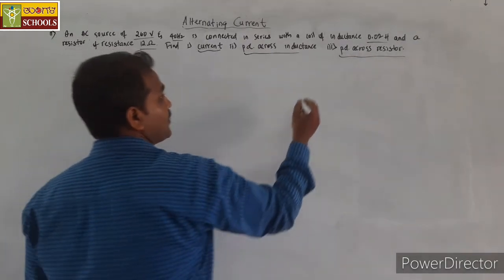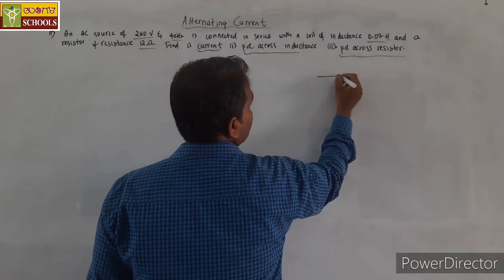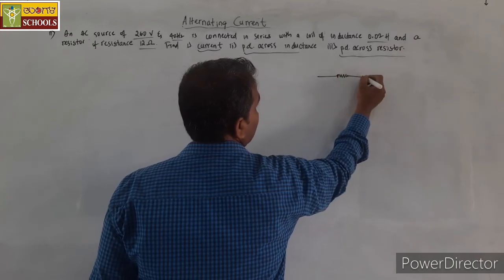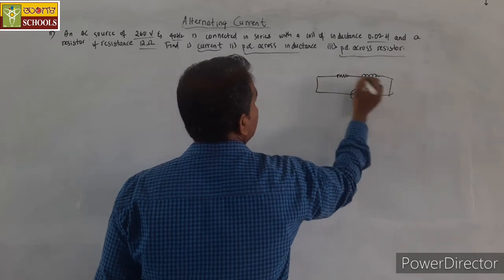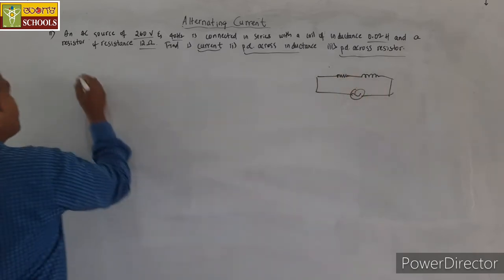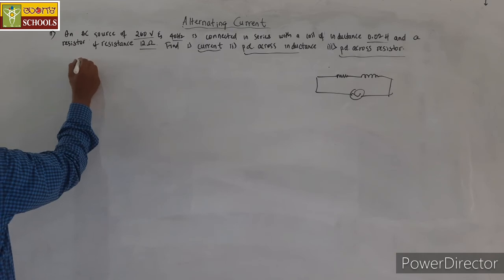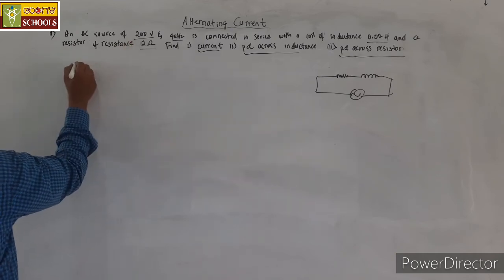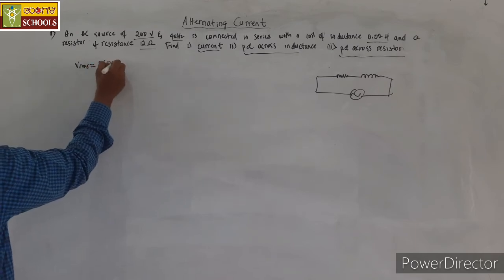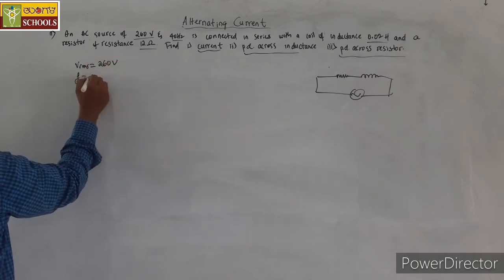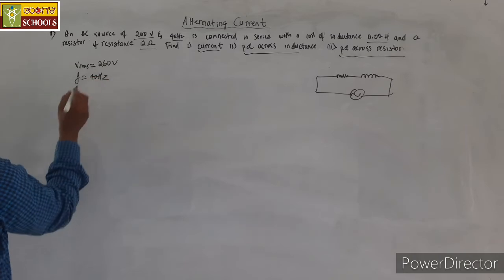So they have given a resistor inductor circuit here. It is connected to the AC source of voltage. So let us write the data here. 260 volt, we shall take it as V RMS. V RMS is equal to 260 volt. Frequency is equal to 40 hertz.